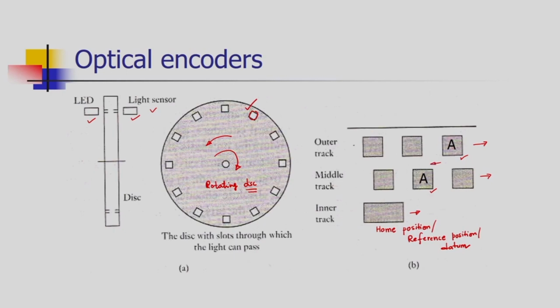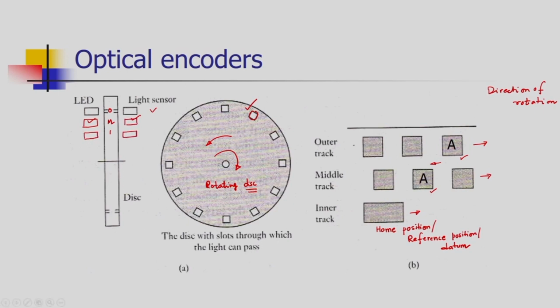So, how will this help us to find out the direction of rotation? As I mentioned, we have an outer track, a middle track and an inner track. For this purpose we need arrangements for the middle and the inner track as well.